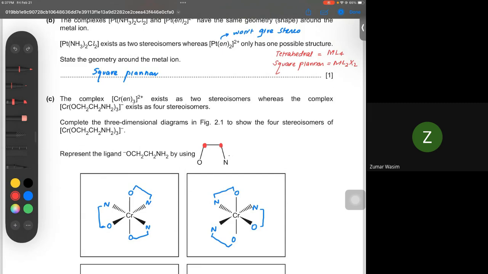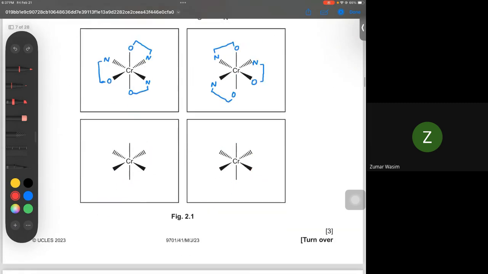Okay, so I have to draw two more isomers. So you can see oxygen and oxygen, then oxygen, then oxygen. This is a different pattern, and I can also draw another two isomers in which the pattern would be different. I mean to say, I should attach on the opposite side.